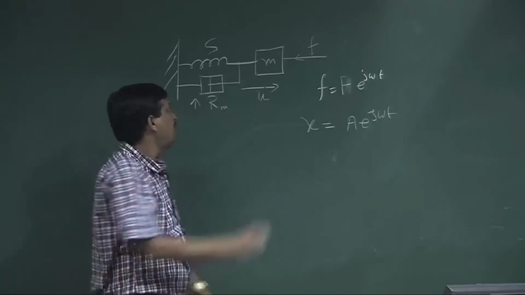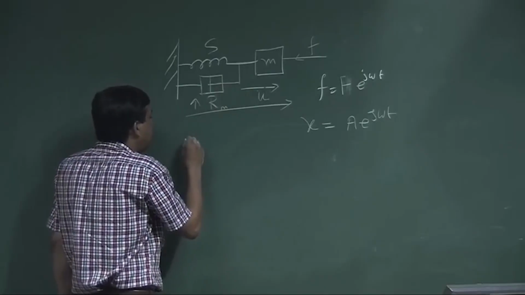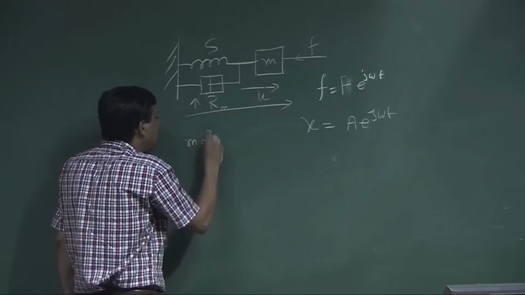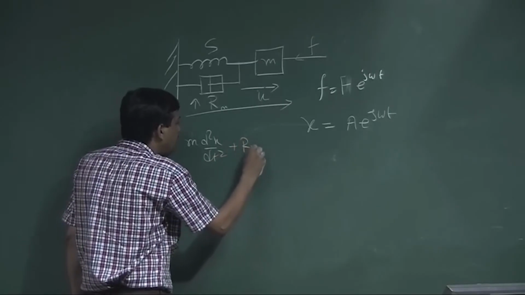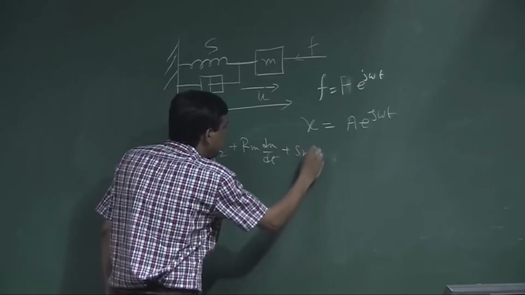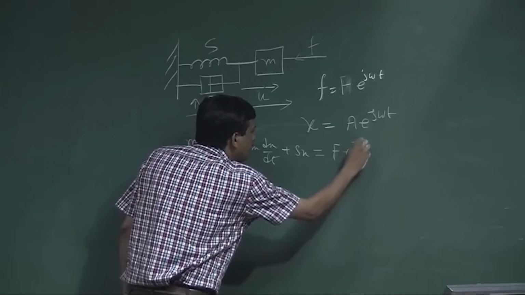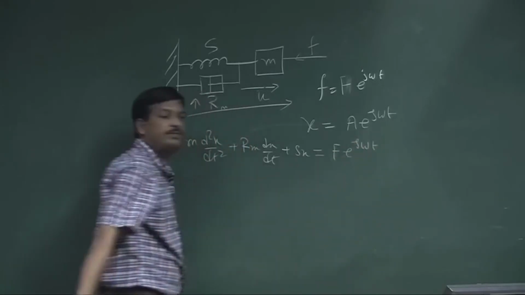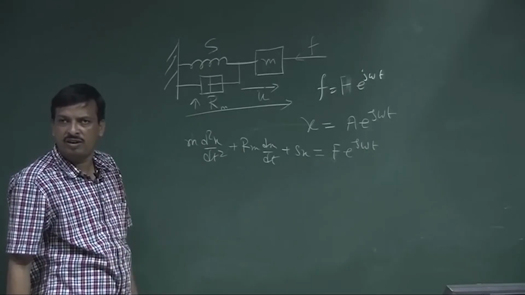Okay. Now, what is the equation of this oscillating circuit? It is m d2x by dt square plus rm dx by dt plus s x is equal to the applied force F e to the power j omega t, at the steady state condition.